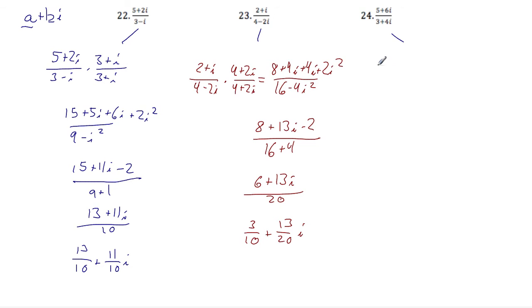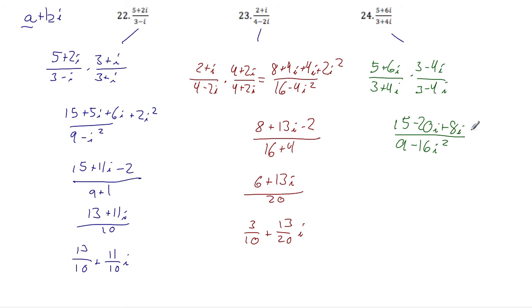And for the last one, let's choose green. Nice little Kelly green. Here we're going to multiply the numerator and denominator by the conjugate of the denominator, so that in the denominator we get a difference of two squares, 9 minus 16i squared. The numerator we FOIL, so we get 15 minus 20i plus 18i minus 24i squared.